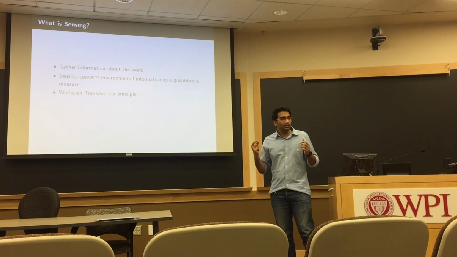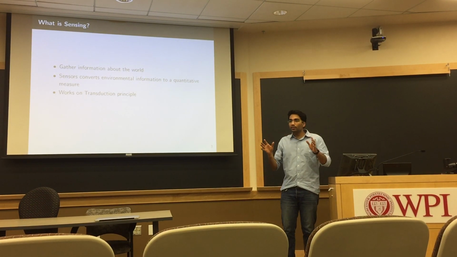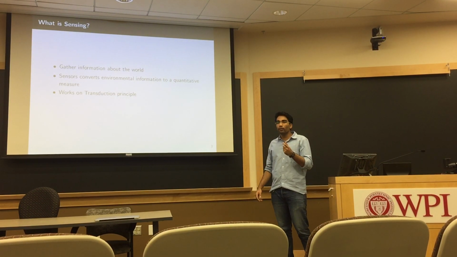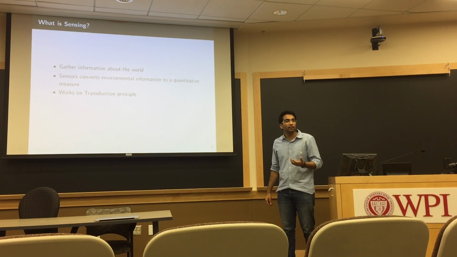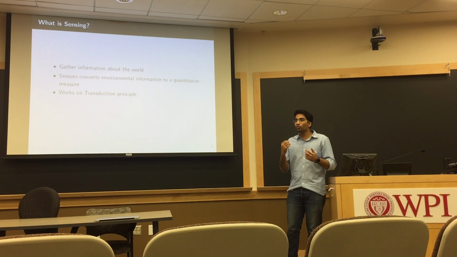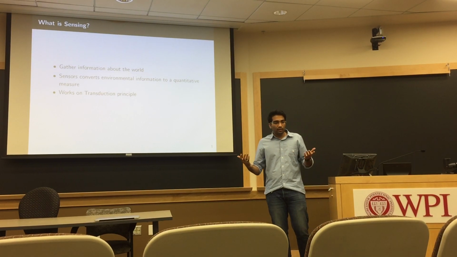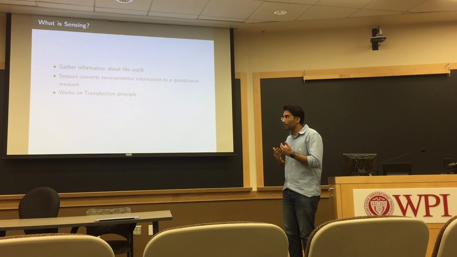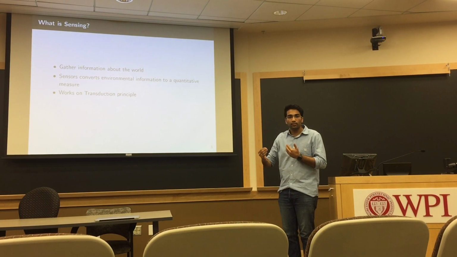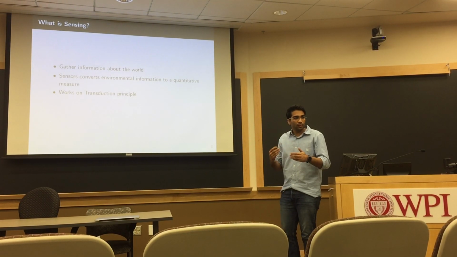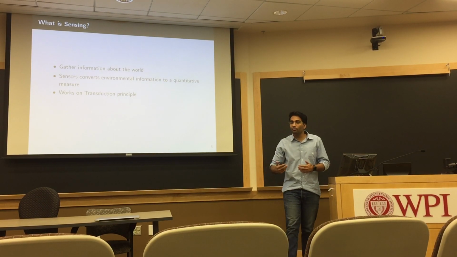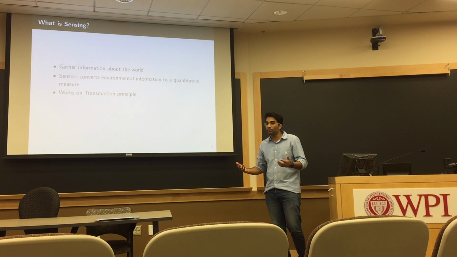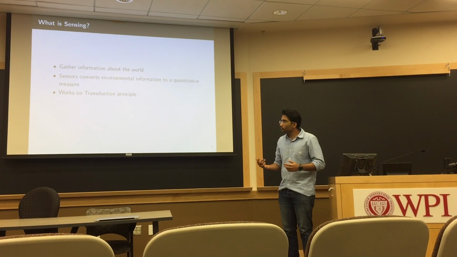Now, these sensors take this information and convert it into a numerical value, something which you and me can understand, and which we can use to make sense of it. Like, if I have a distance sensor, I can detect that, okay, I'm about 20 feet from that wall. So something like this, which robots can use to make their process better and make them smarter.